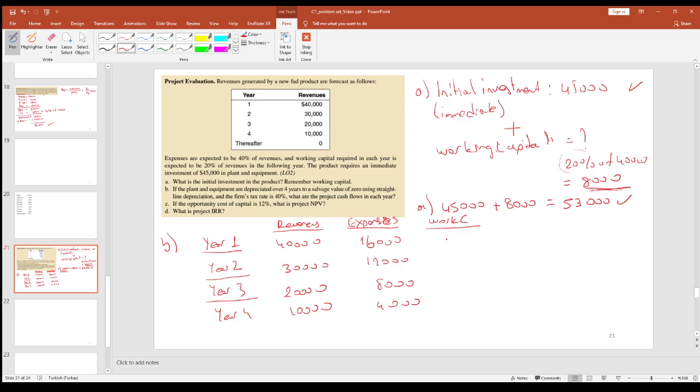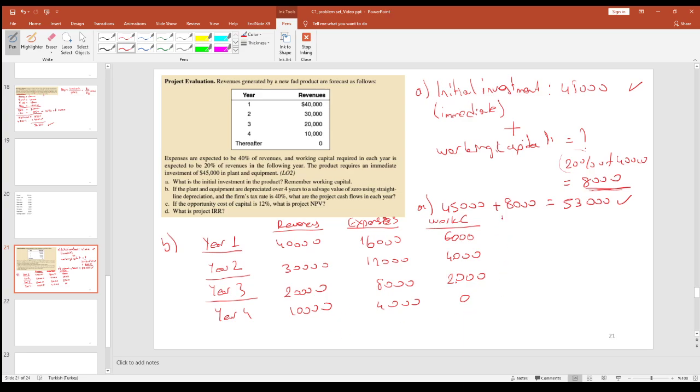So for this one and this one, I need to calculate 20% of 30,000, which is equal to 6,000, and 20% of 20,000 is equal to 4,000, and 20% of 10,000 will be 2,000. So there will be no working capital for the last year.